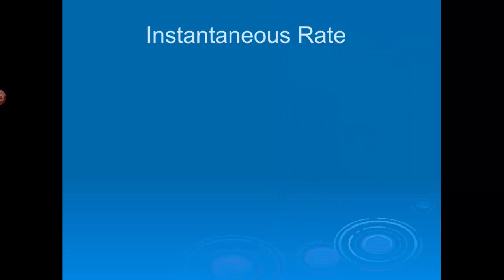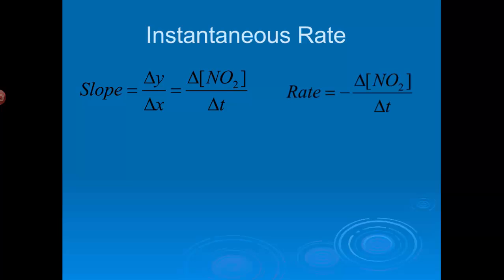So the instantaneous rate then, slope, is delta y over delta x, and since y was concentration of NO2 and x is time, slope is equal to delta NO2 concentration over delta t, which means we know that the rate is equal to negative delta concentration NO2 over delta t, because it's a reactant, so put a negative sign in front, which means basically that the rate of the reaction is equal to the opposite of the slope.